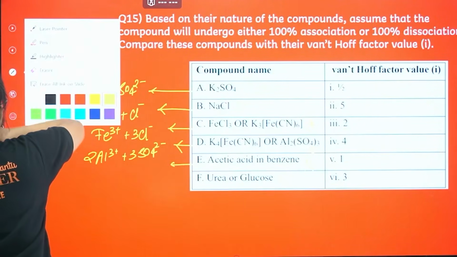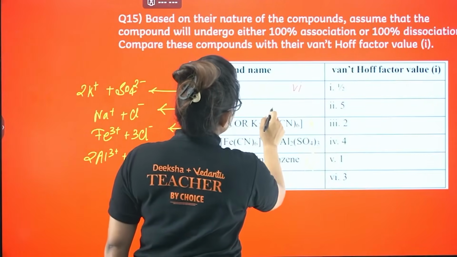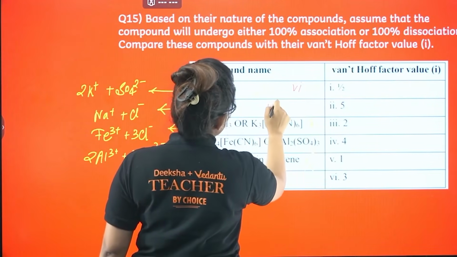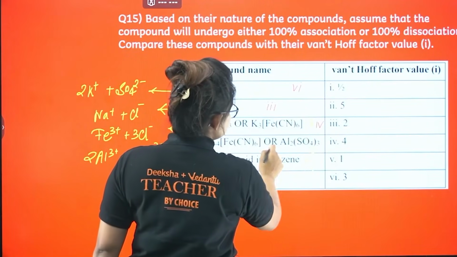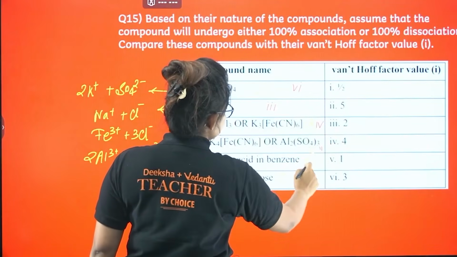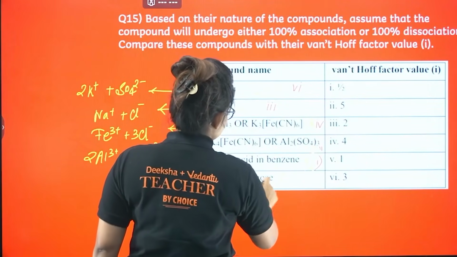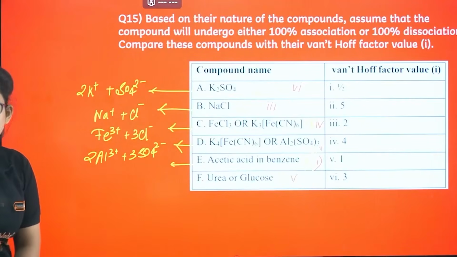Let me point it out properly. This is going to be 3, this is going to be 2, this is going to be 4, this is going to be 1, and this is going to be 5. I guess this is clear now.